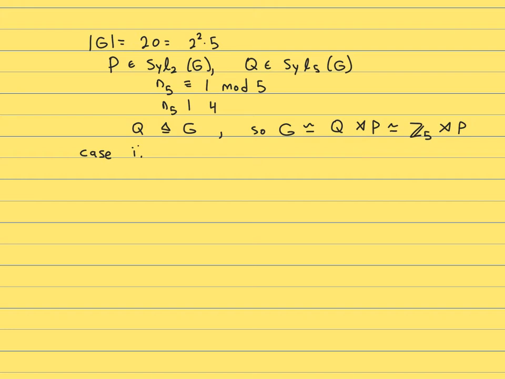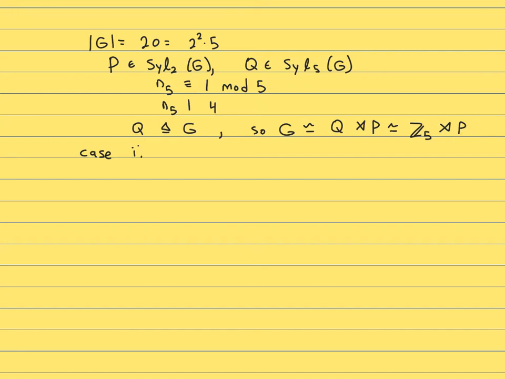And so this is something that's going to pop up later, but whenever that happens, you have a semi-direct product. And so classifying groups of order 20 up to isomorphism is equivalent to classifying homomorphisms from a group of order 5 to the automorphism group of a group of order 4.